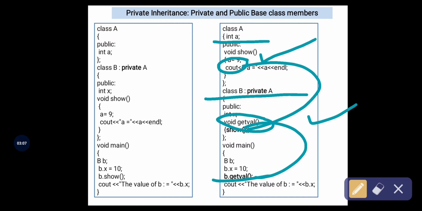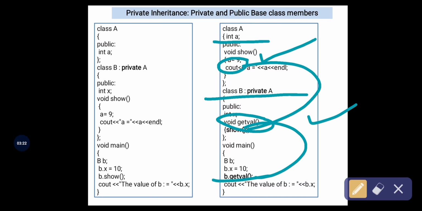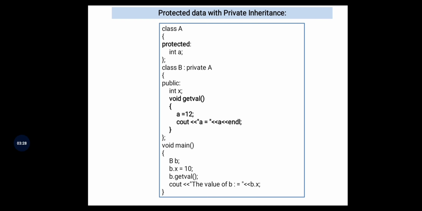However, when any derived class is inheriting the properties of the base class, then the two-step access that you see here will be reduced in case your member is declared as protected. So let's look at an example and see how exactly that is done. I'll look at it through another problem.